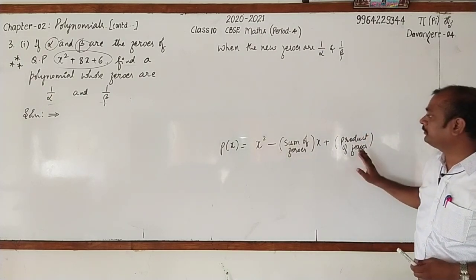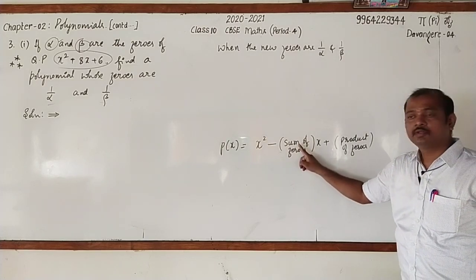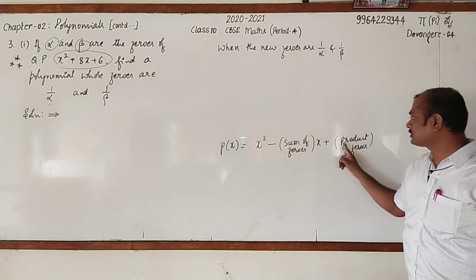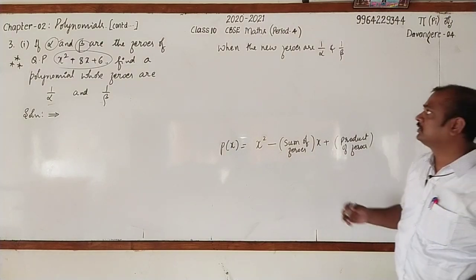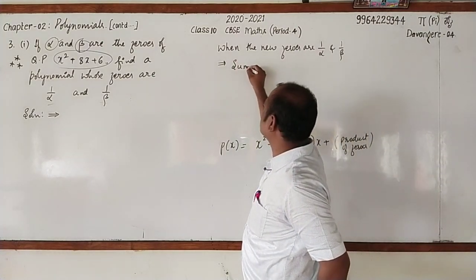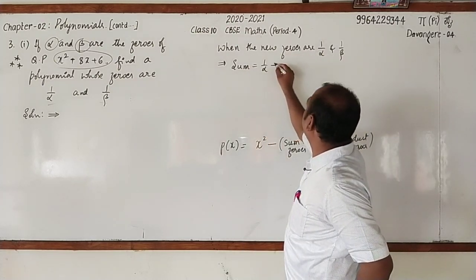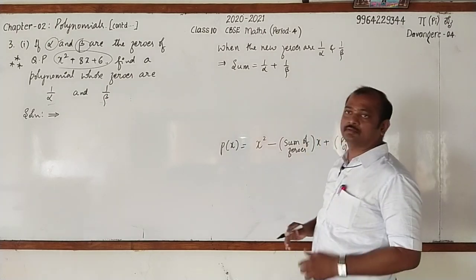To find the new polynomial, you must know the sum of new zeros and the product of new zeros. Then what is their sum? Here I write: the new zeros are 1 by alpha and 1 by beta.